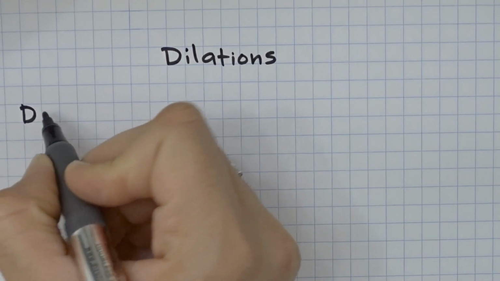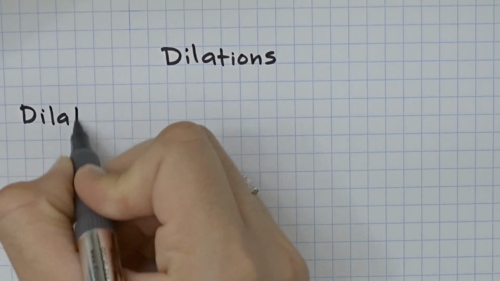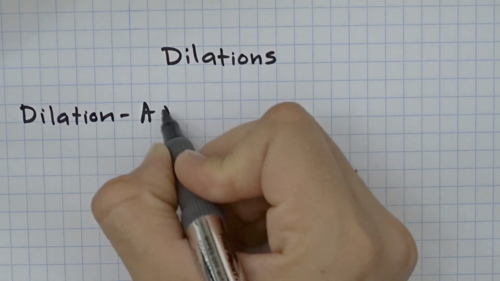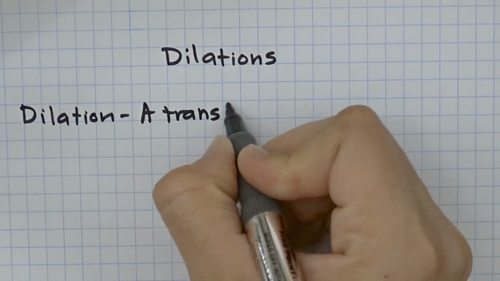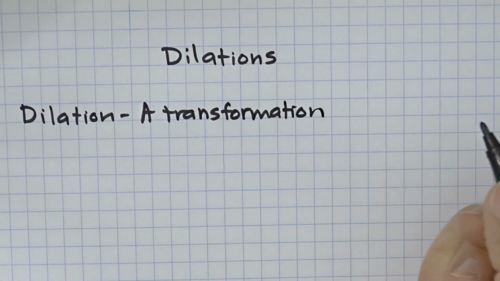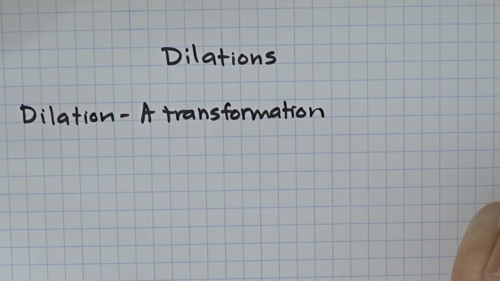So let's write down the definition. A dilation is a transformation which enlarges or reduces a figure.